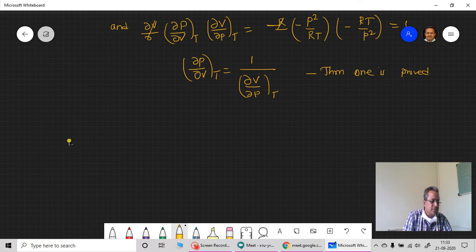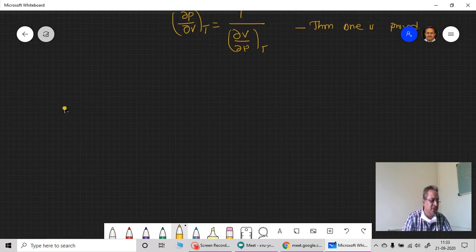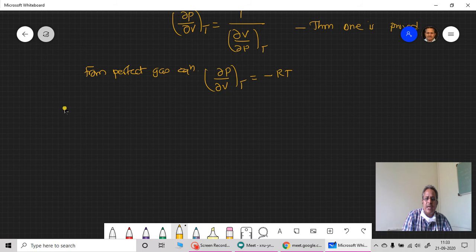Now from the perfect gas equation, let's go further. From the perfect gas equation, for the second theorem, we have already found ∂P/∂V at constant temperature, which is equal to minus RT upon V square.